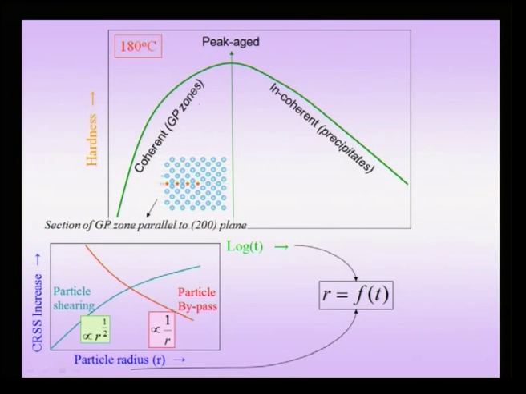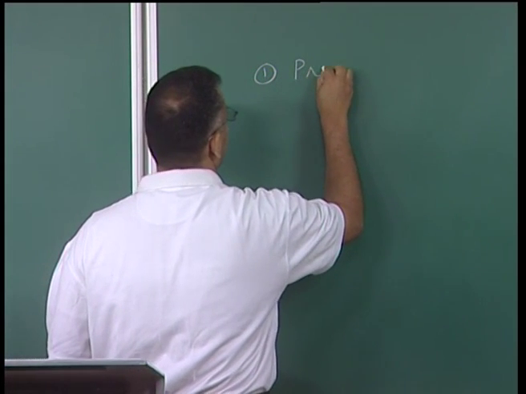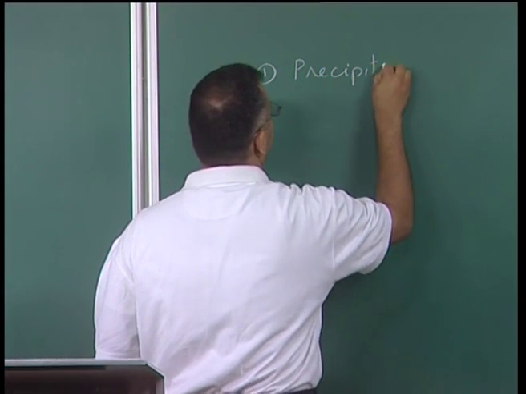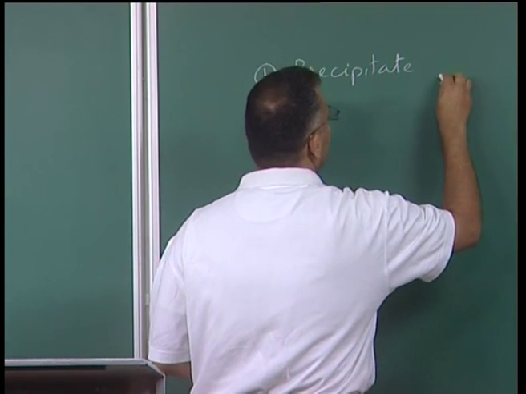So, what are the mechanisms involved and what kind of precipitates are involved is something we have to note. Now, three things we have to track while we are talking about the aging treatment. Number one, I have to worry about the precipitation process, and in the precipitation process, first I have to worry about the precipitate crystal structure.